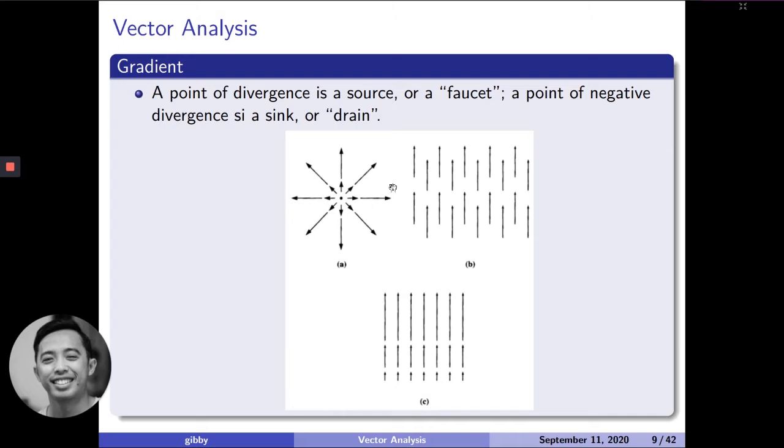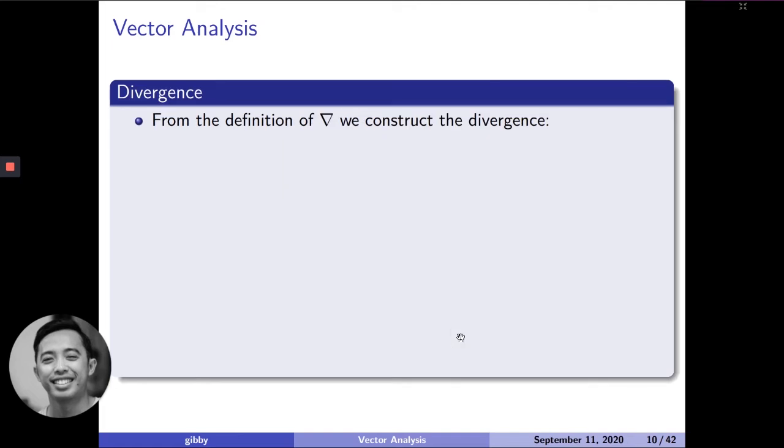Actually, letter B has no divergence, so the value is 0. It doesn't diverge. Take a look, it has all arrows pointing upward with equal length, so it just stays constant. However, for letter C, the arrows keep changing from small to large, so it has some value of divergence, a positive value.